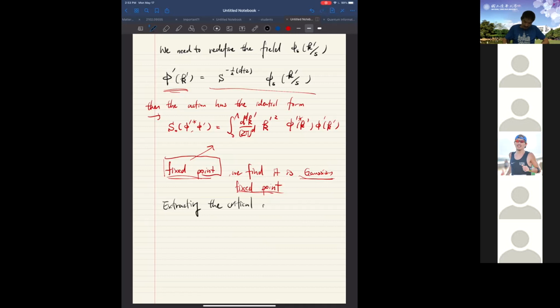Since this is quadratic, the Green's function in this case is nothing but a Fourier transform in momentum space, right? In d dimensions, you have the exponent d minus 2 in this case. And then the definition of the critical exponent eta is that, on top of that, there's a correction term. So in this case, eta is 0 at the Gaussian fixed point. Okay.